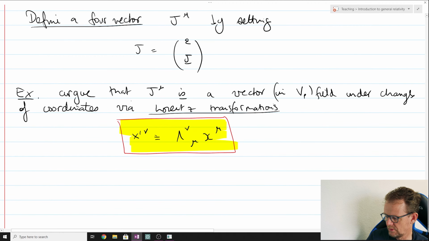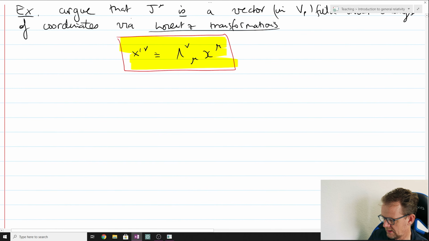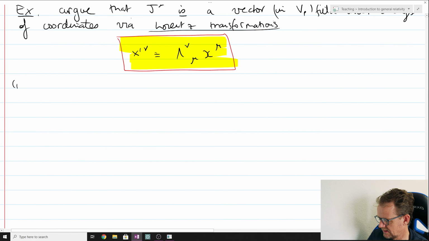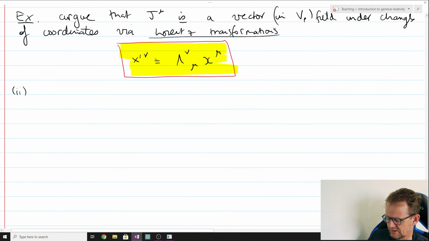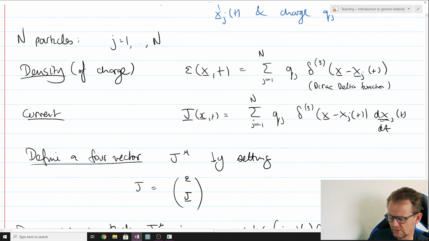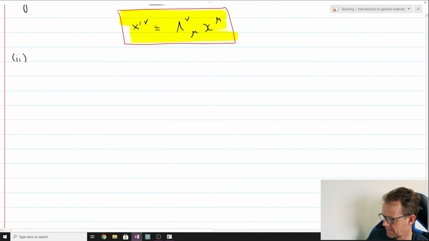This 4 vector j mu. That's your job. That's the first job for you right now. I highly advise that you pause the video to do that calculation. It's a little bit non-trivial, I must admit, because the expression here makes reference to time, and so that gets transformed. So you have to be a little bit creative about this argument.